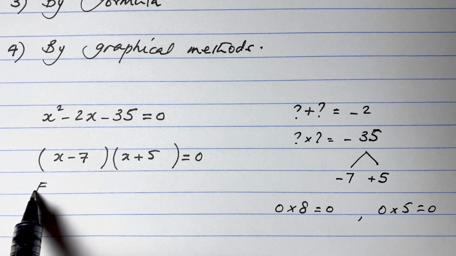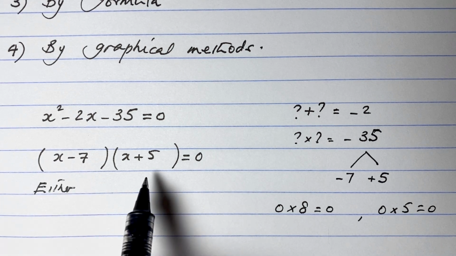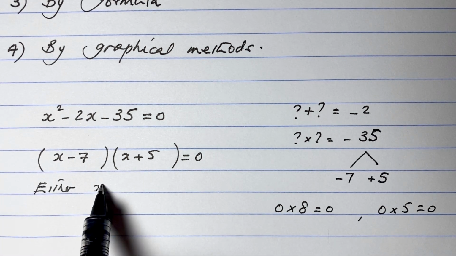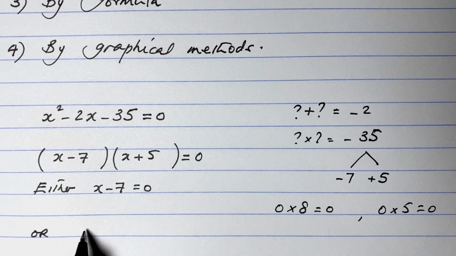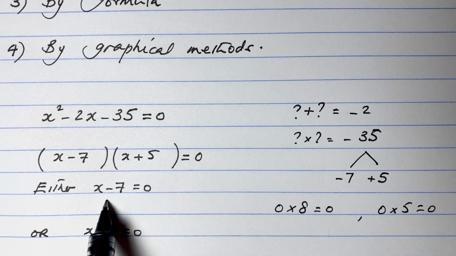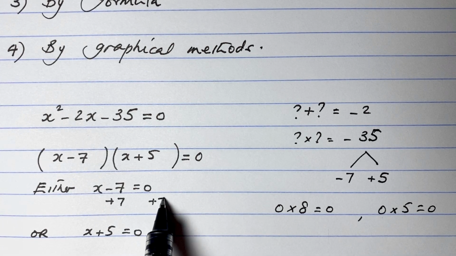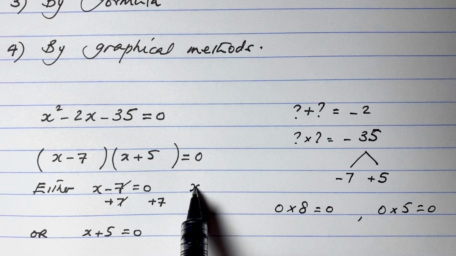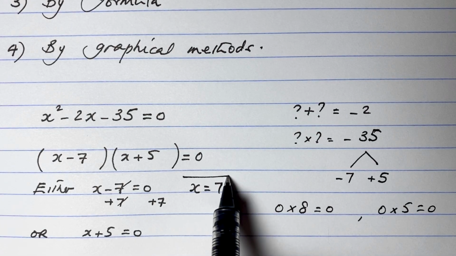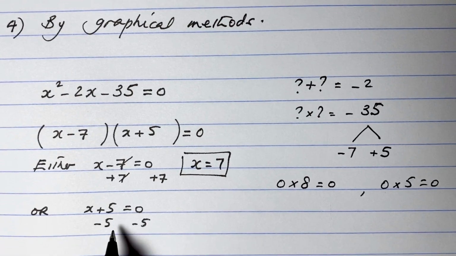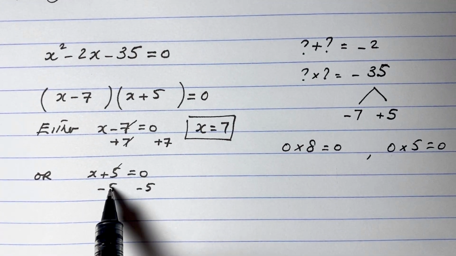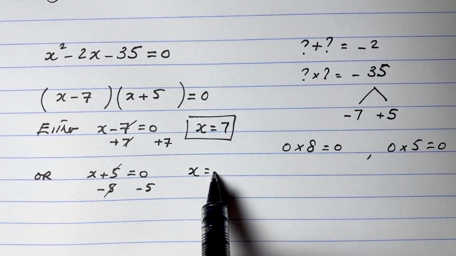So this is why we write either, according to this statement, x minus 7 was 0, or x plus 5 was 0. By balancing both sides, adding 7 to both sides, one solution is x equals 7. By removing 5 from both sides here, to undo add, we take away. So x equals minus 5.